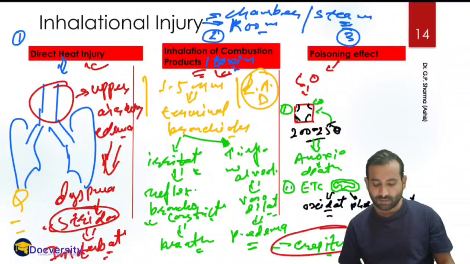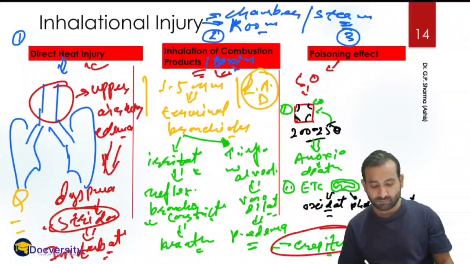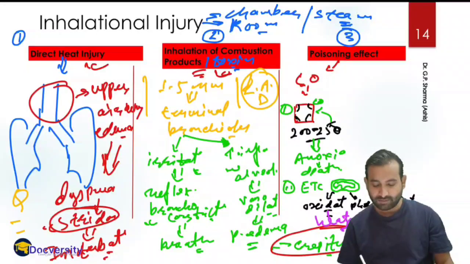Phosphorylation means ATP formation, and ATP formation does not occur. Is that okay? If ATP formation does not occur, the ATP energy release does not occur, and it only produces heat. Hope you understand, right? So this patient's reactive oxygen species increase, ROS in the body. Is that clear? So this is the CO poisoning.